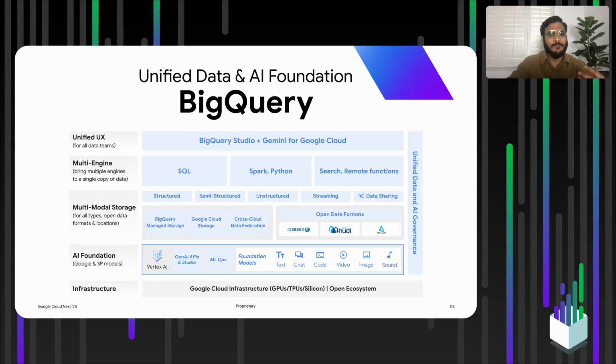And beyond this multiple language support, BigQuery Studio is a fully integrated development environment, kind of an IDE, that includes source control functionalities, capabilities, and versioning as well. And at the bottom, you have this AI foundation layer, and Vertex AI plays a huge role here, which is a platform that can help you go from prototyping to production within the same platform.